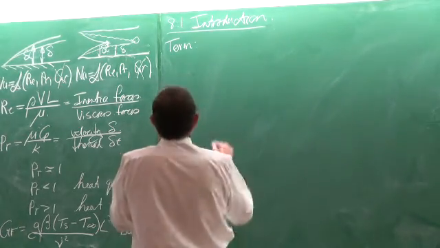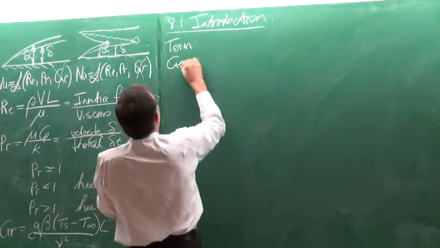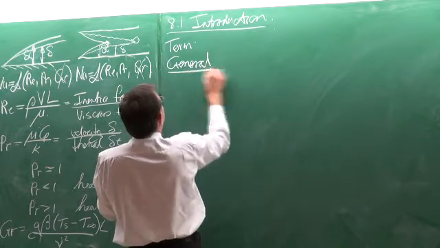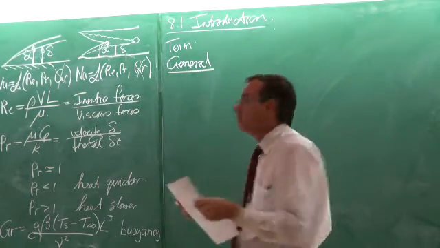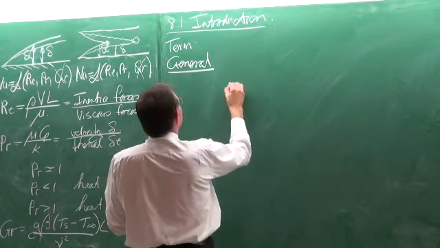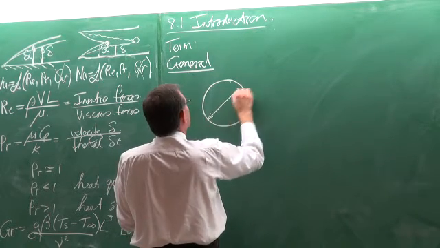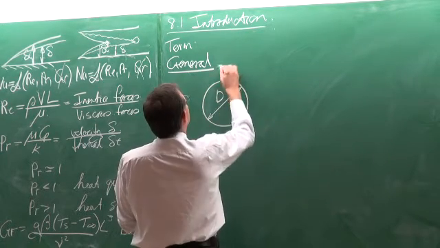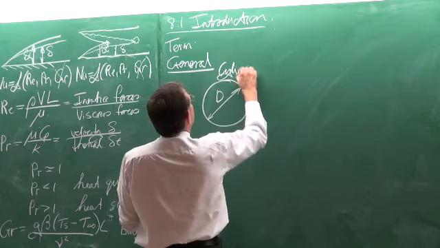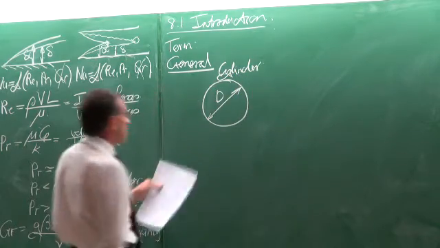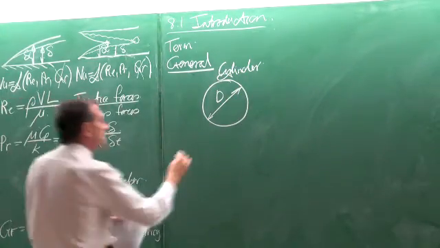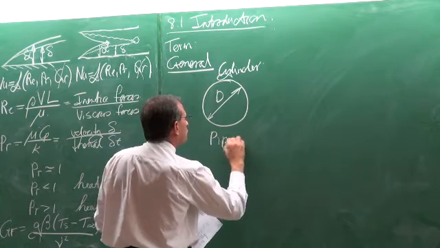But in general, we use the following terminology. If we have a tube with a cylindrical type of geometry, so it's a cylinder, then we will call it a pipe or a tube.